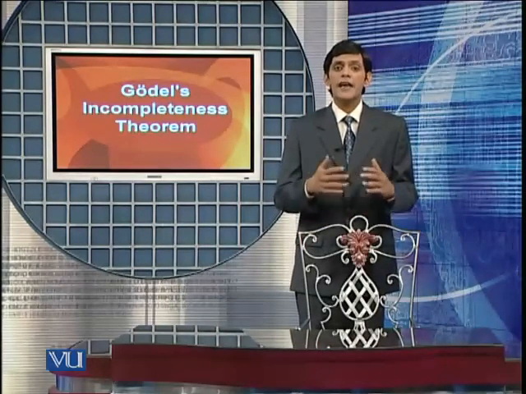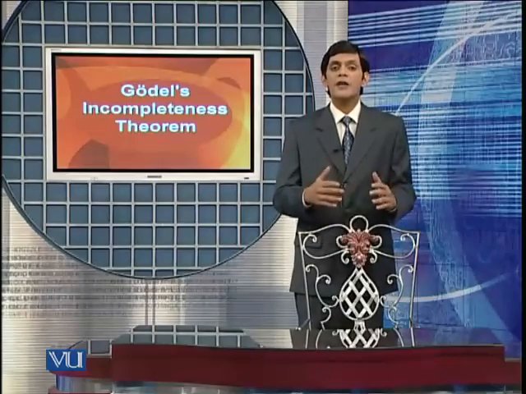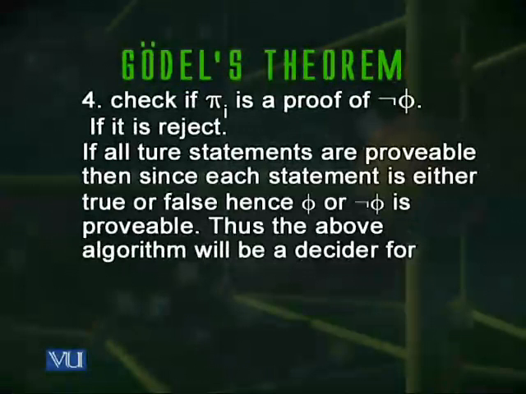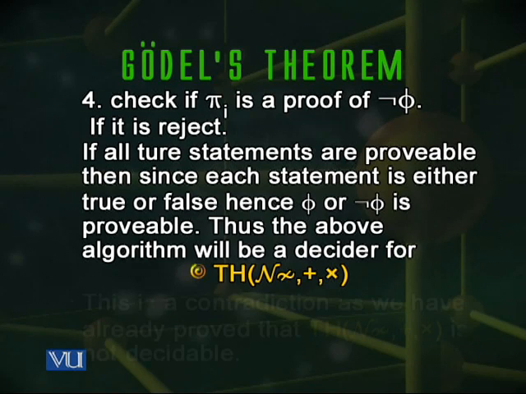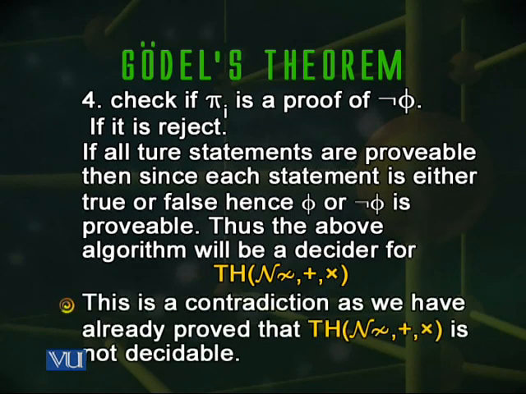So what kind of a set does this algorithm accept? Well, let's look at it. If all true statements are provable, then since each statement is either true or false, hence phi or the negation of phi is provable. Thus this algorithm will be a decider for number theory. This is a contradiction since we have already proved that number theory is not decidable.